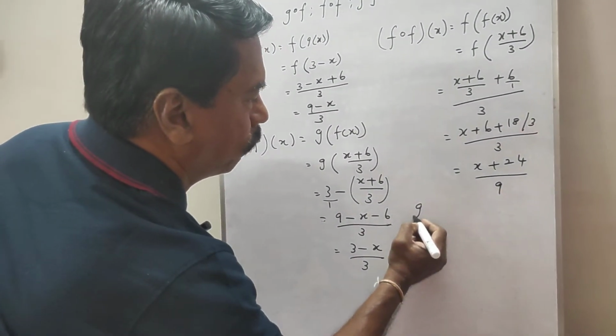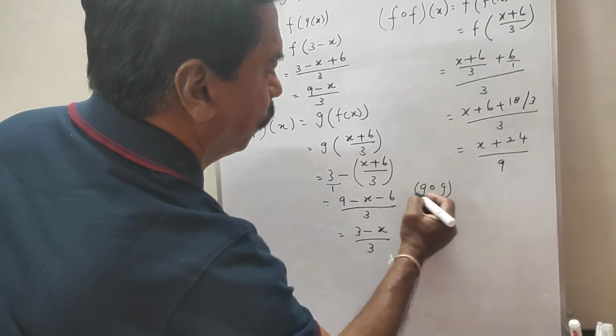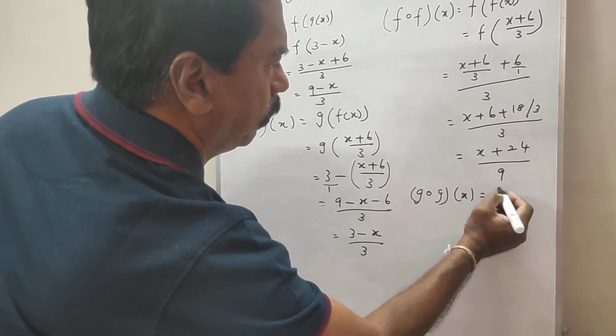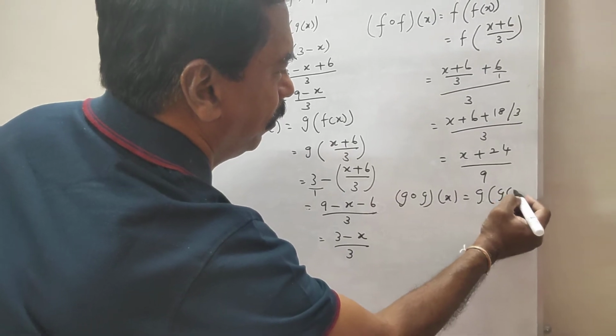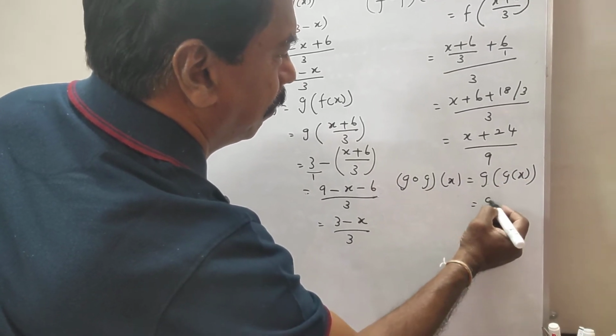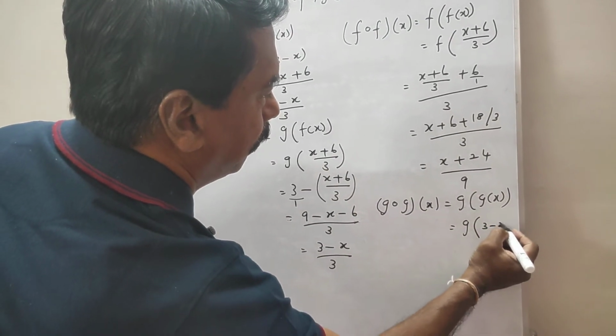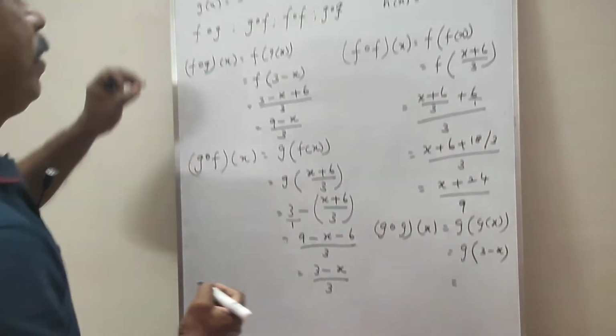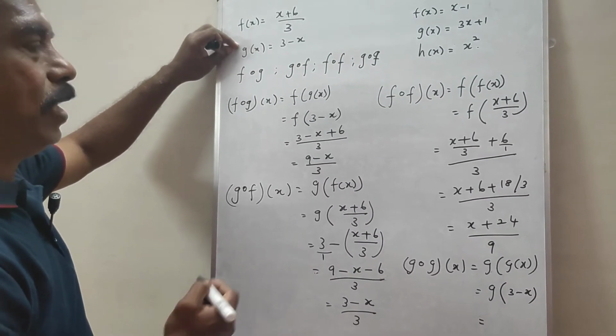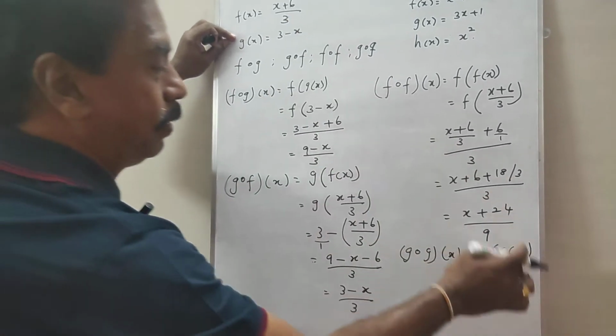In the same way, you can find g dot g of x. What is g of x here? 3 minus x. Now in this function g, you replace x by this one.